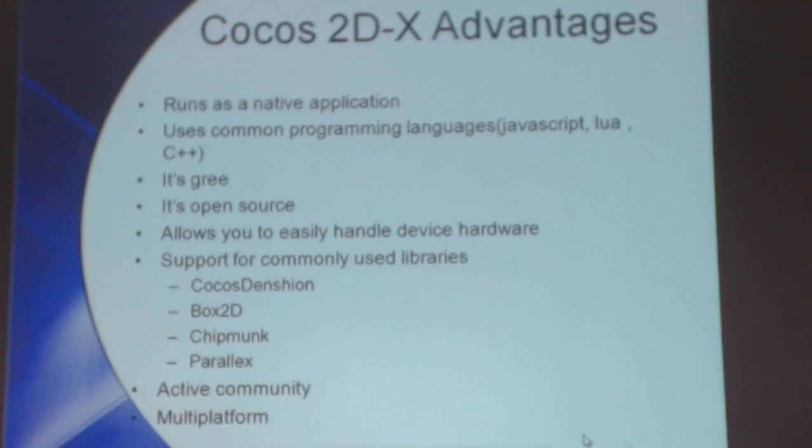Okay. And there are some common libraries that it uses, like for instance Box2D, which is a physics engine. Also, Chipmunk is very widely used. Chipmunk is C, Box2D is C++. C guys will go Chipmunk, C++ will go Box2D.